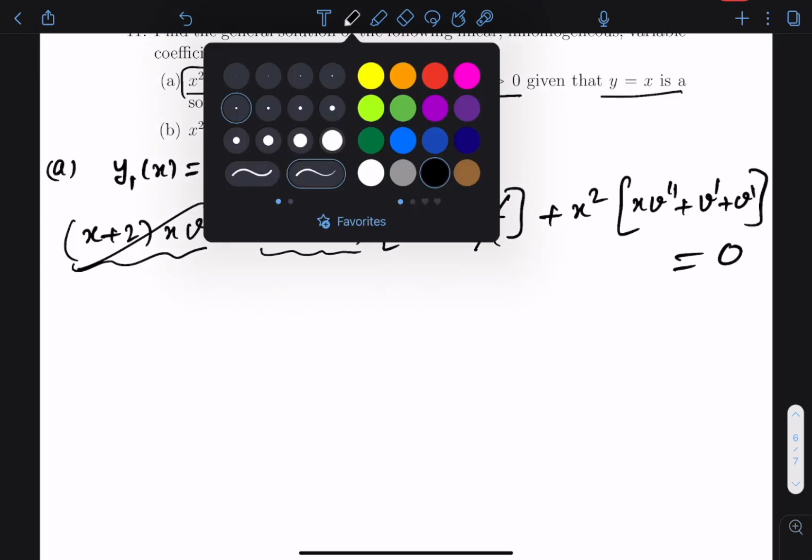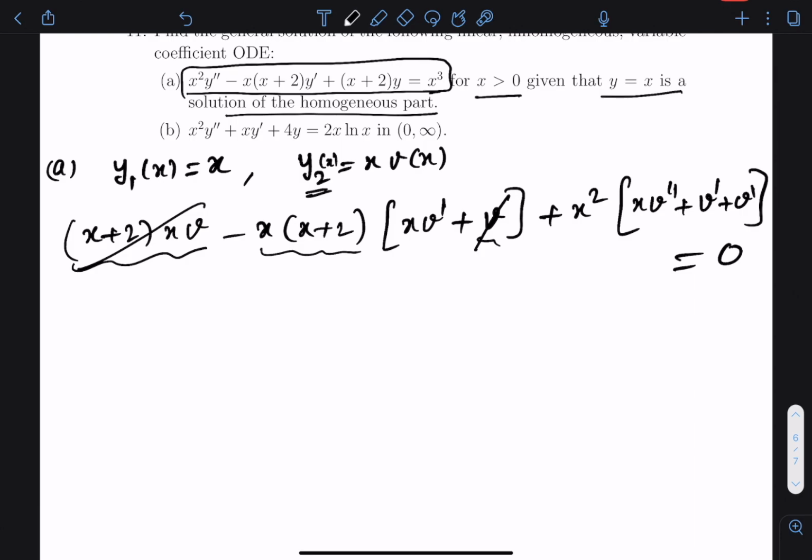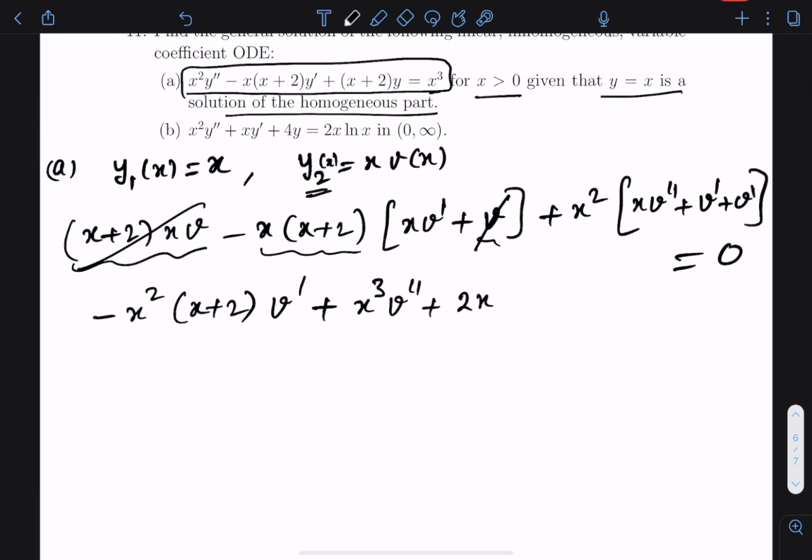So what is left is, and now here you see minus x square, minus x square x plus 2 v prime, plus x cube v double prime plus 2x square v prime equal to 0.